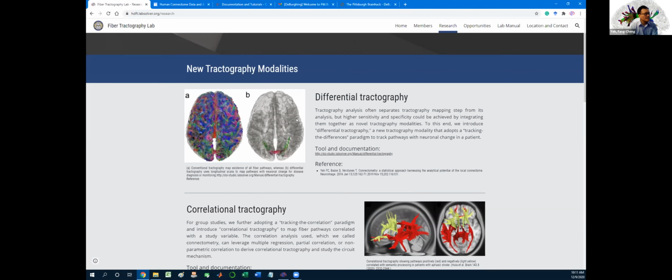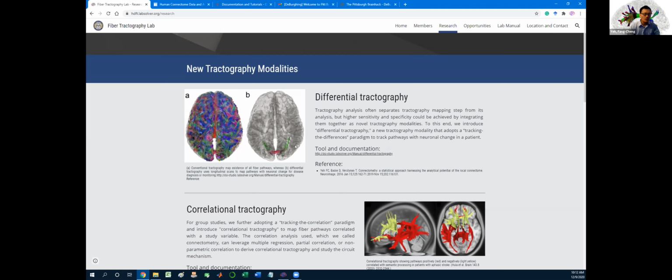But figure B shows that we only track those with difference using longitudinal data. It's like masking out other regions or tracks that have no difference and just showing the change over time. I call this differential tractography because it's showing only the difference.